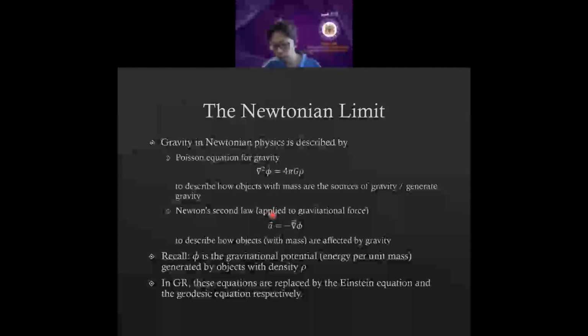Take note that this one describes the motion of an object affected only by gravity. So in GR, this is the equation that corresponds to objects that are not affected by anything else, that are not accelerating or anything.